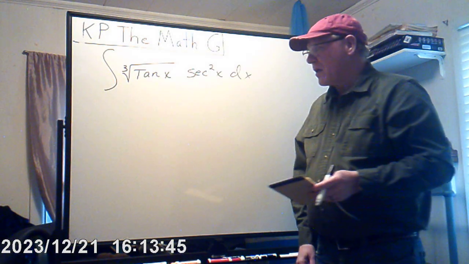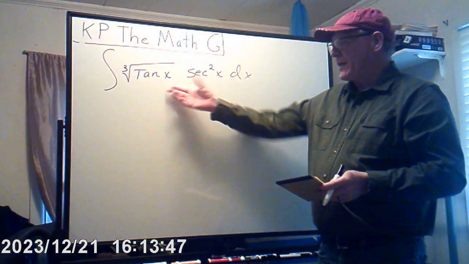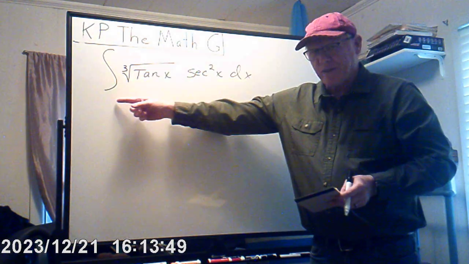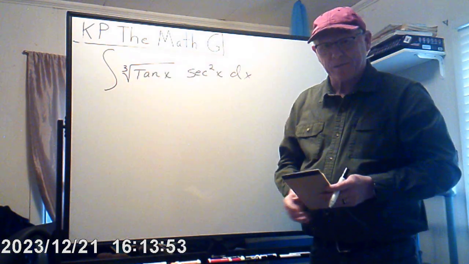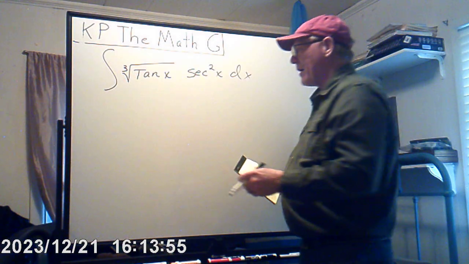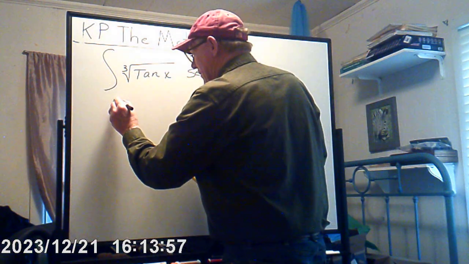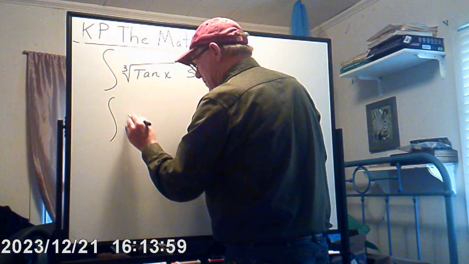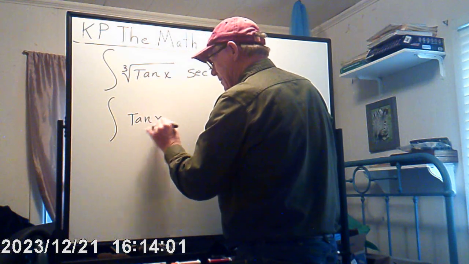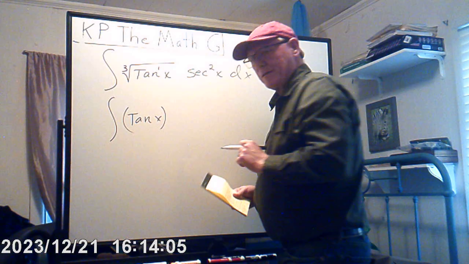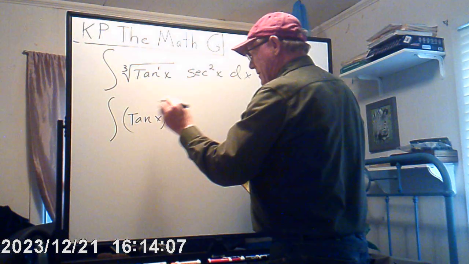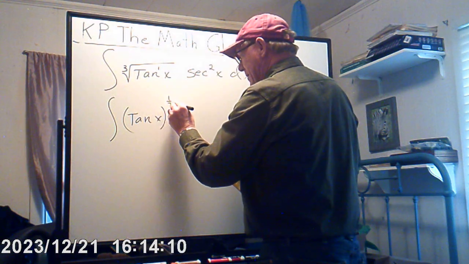Okay. Now, which one to let u? Well, if I see a radical here like this, u is going to be tangent x. Alright, so let's rewrite this first of all. I'm going to write tangent x. Now remember, this exponent is a 1 right here. So the index is 1 over 3.